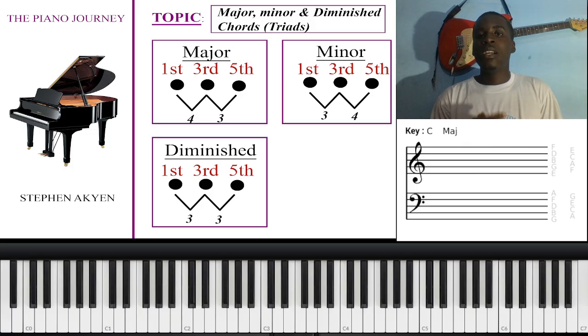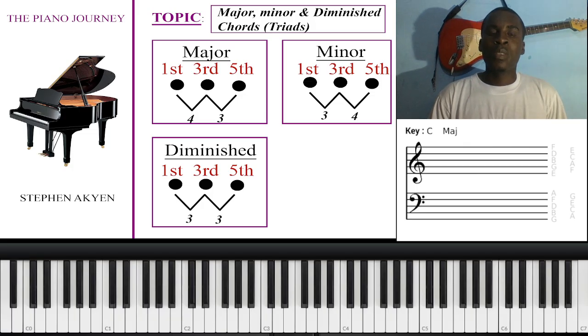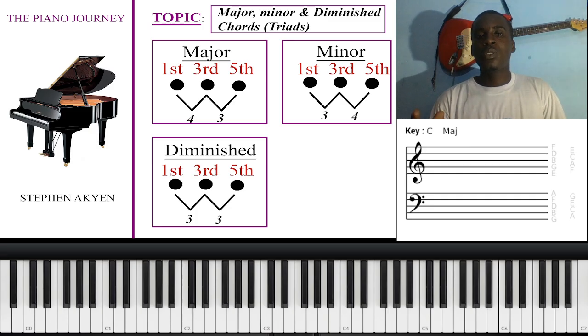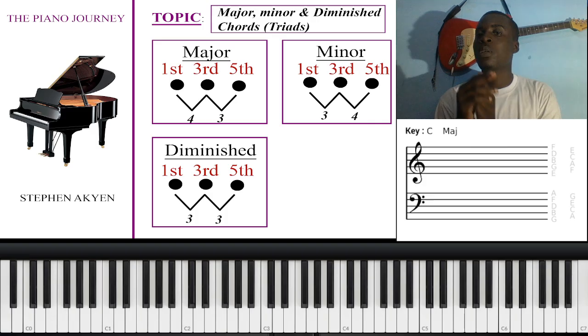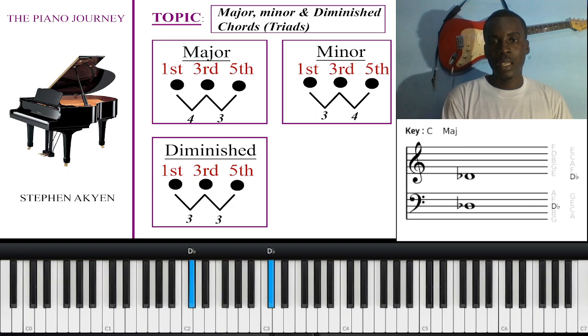Another way we can find a minor chord is that when we were finding the major chords, we said we count 4, then 3. But the formula for finding the minor chord will be vice versa. We first count 3, then afterwards we count 4 to get our fifth. Okay, so from here we count 1, 2, 3.